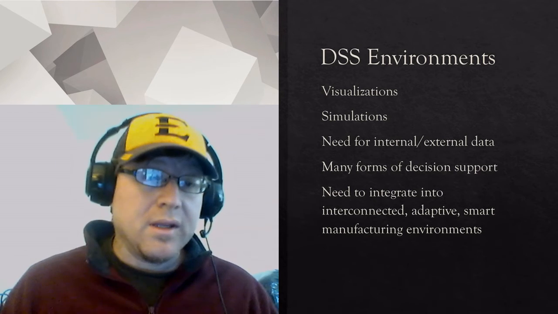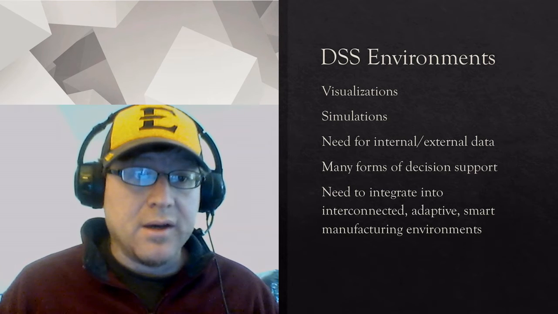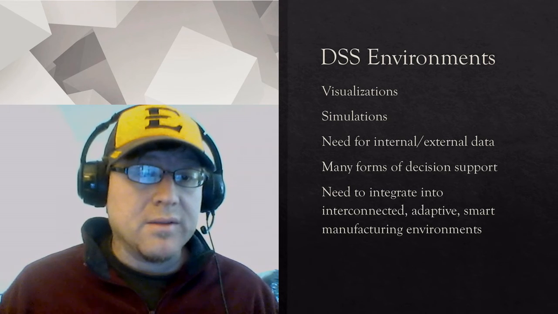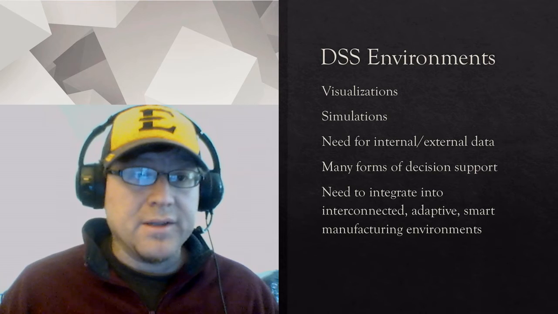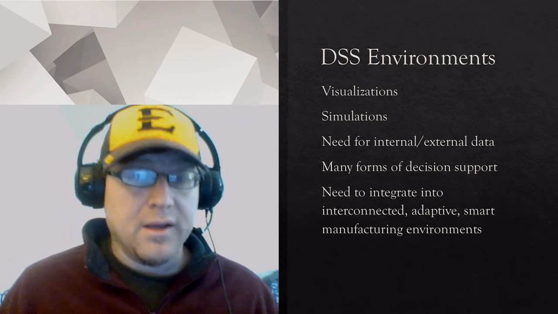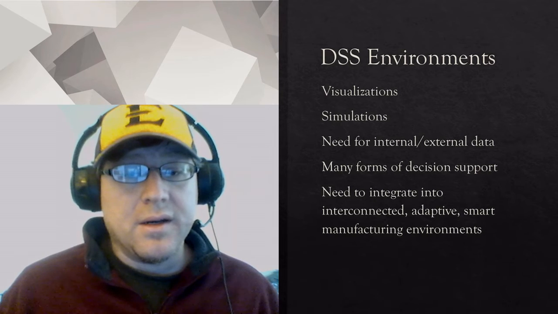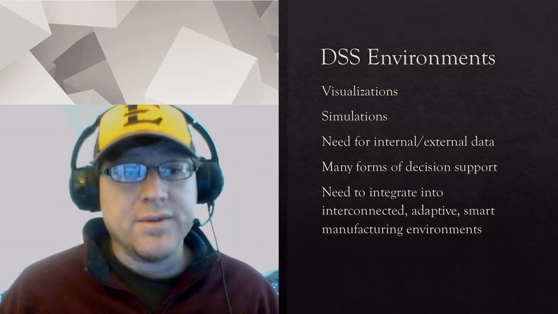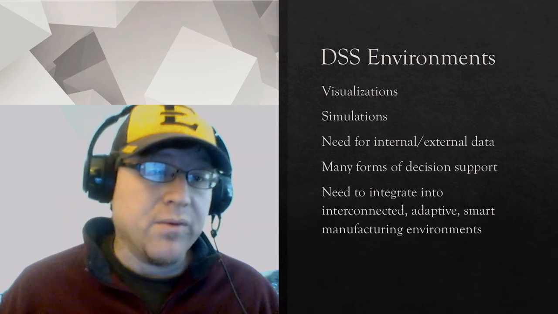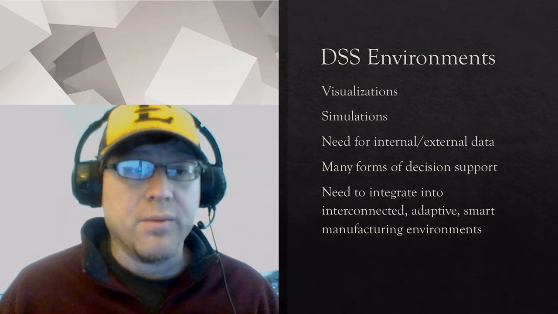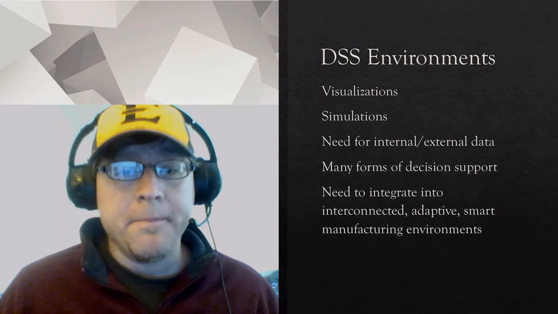And along with the complexities of these smart factories and the already existing complexities within a manufacturing facility, you need to have many forms of decision support and preferably integrated in some way.